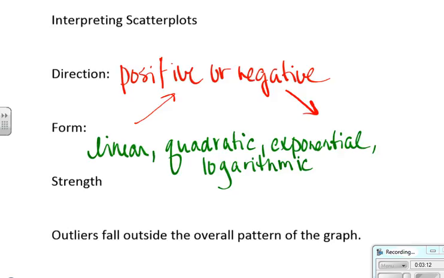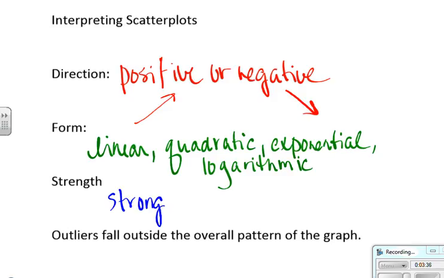Okay, if you were to draw a rough line of best fit, and I used the word line totally incorrectly, or the parabola best fit, the curve of best fit, which one of those parent functions would most closely resemble the data? All right, strength, you're looking at, is it a strong relationship?